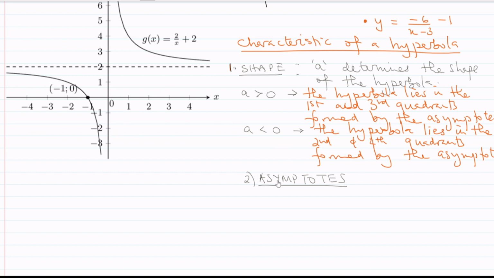So what we have now is our asymptotes. We have two asymptotes. We have what is called the vertical asymptote, and we have the horizontal asymptote.